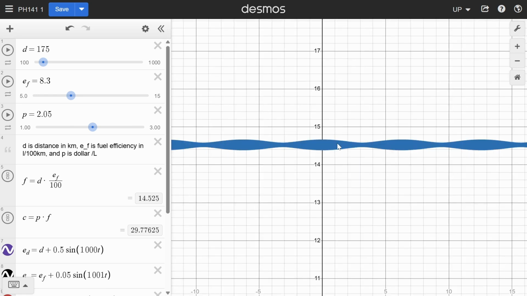Instead of saying that the amount you need is about 14.5, you could just state it is about 15 liters.